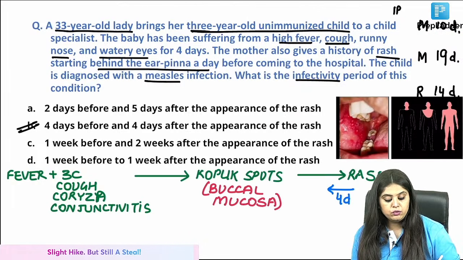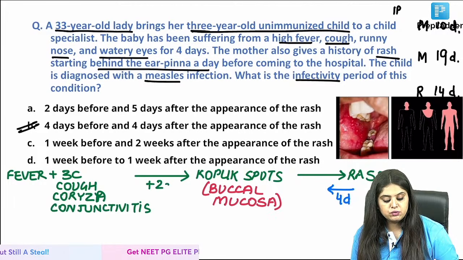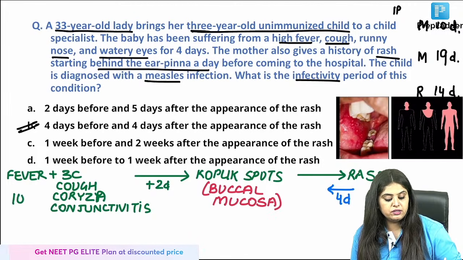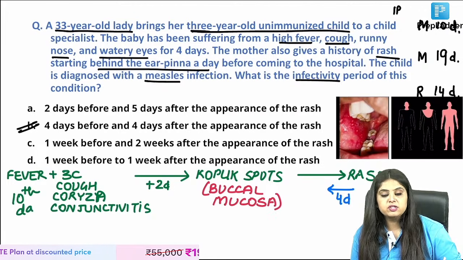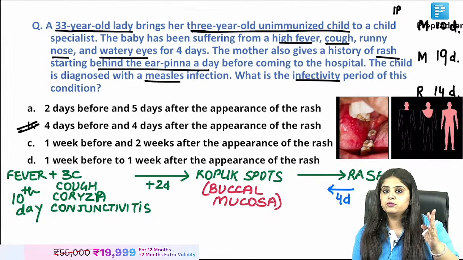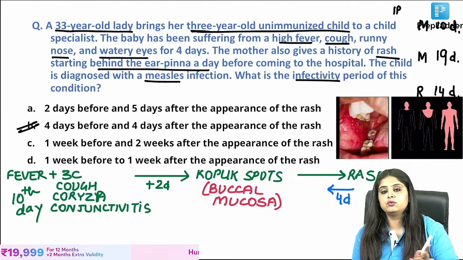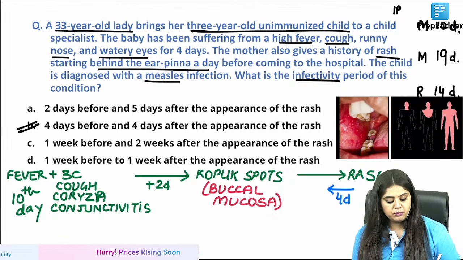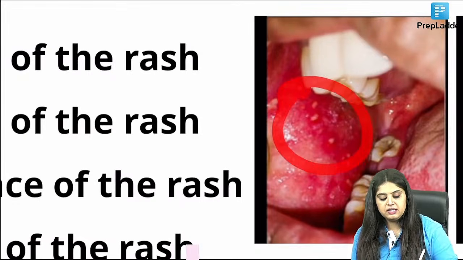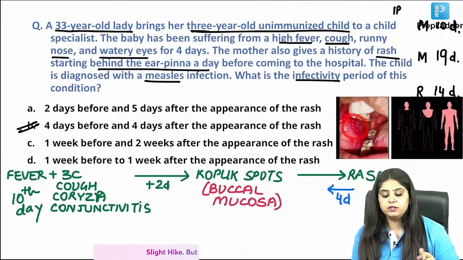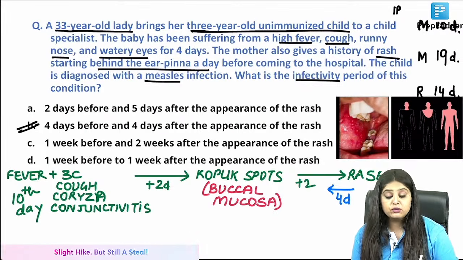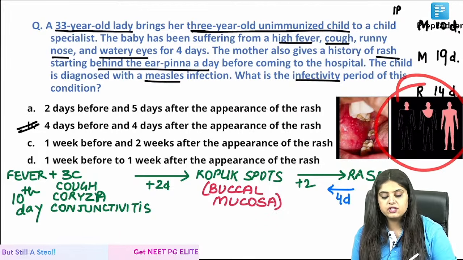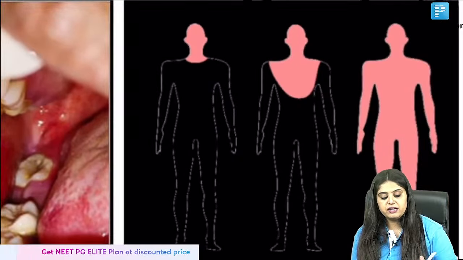Now you add 2 more days in this child's life, plus 2 days. So on the 10th day of the incubation period, meaning day 1 of symptoms, you will have fever and 3 C's. Plus 2, on day 12, what will happen? Koplik spots. Where do you see Koplik spots? They are seen near the molars, on the buccal mucosa. We know that. You add 2 more days, meaning on the 14th day we will see a rash. Where does the rash begin?